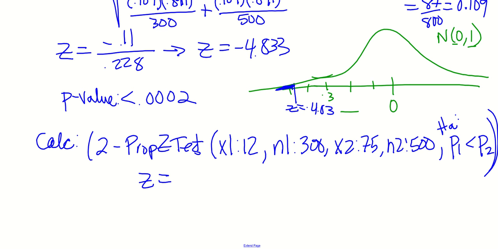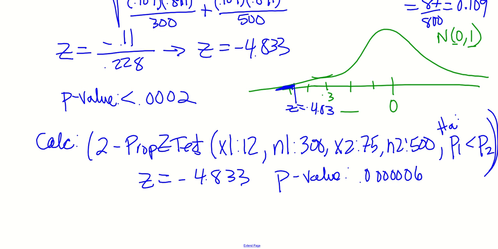So it gives us z as negative 4.833, and it gives us a p-value of 0.00000656, so even smaller, which we anticipated. So we're ready for our conclusion.